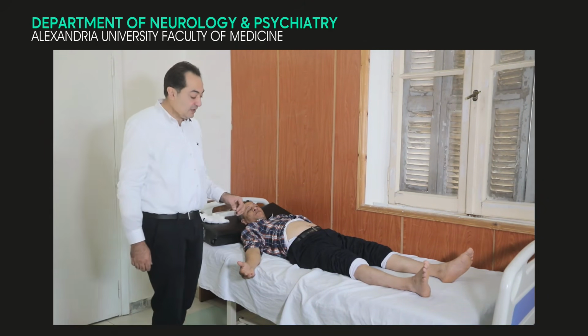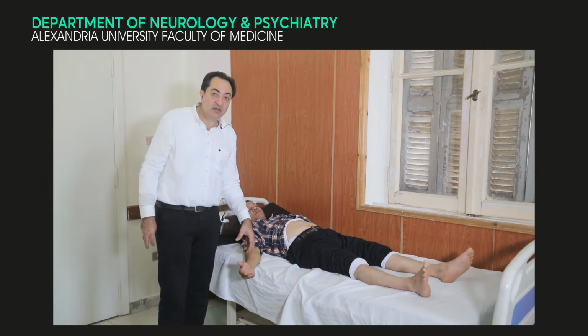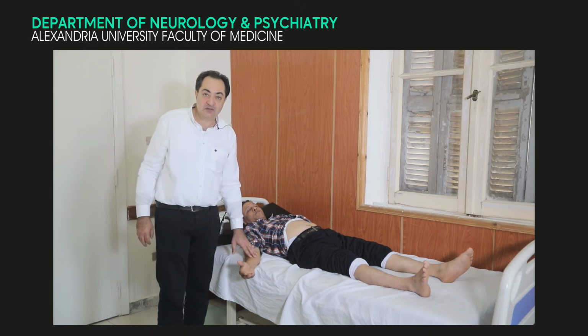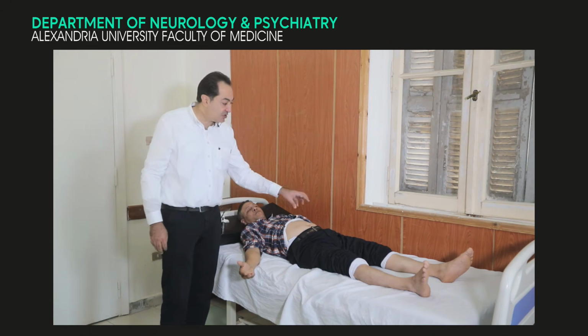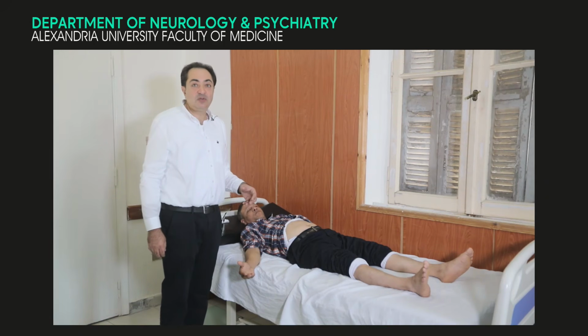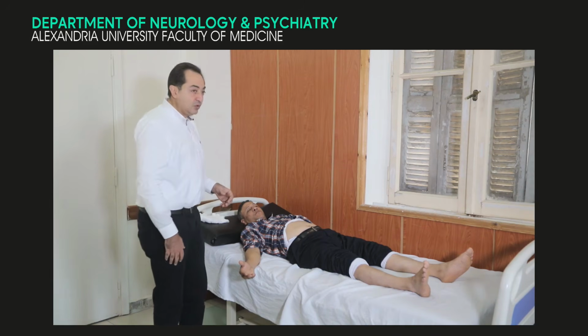If the affection is on the area supplied by the radial nerve, this is a single nerve affection. If I have patches of different nerve affection, this is called polyneuritis multiplex. That's all.